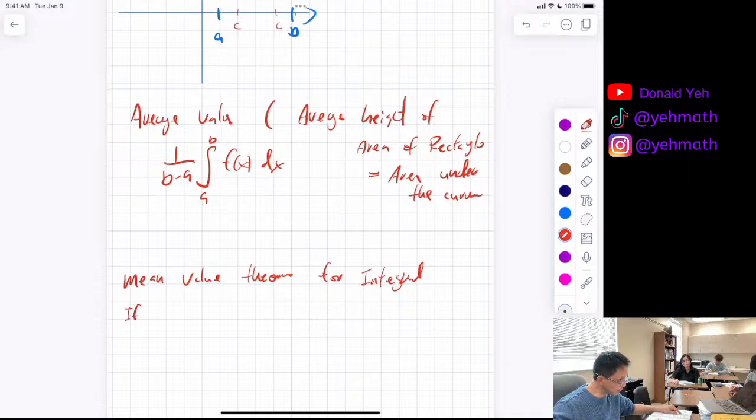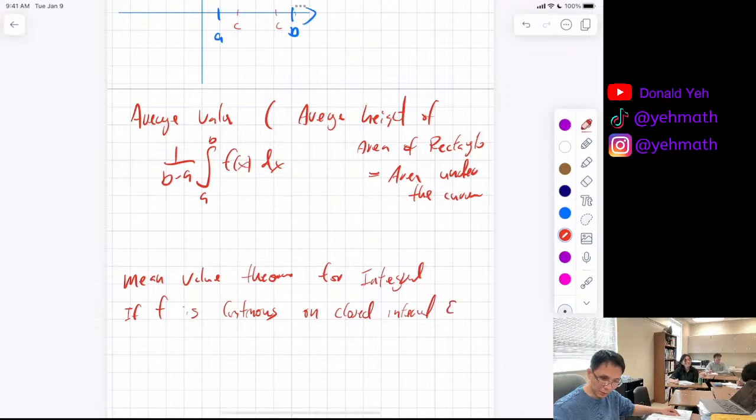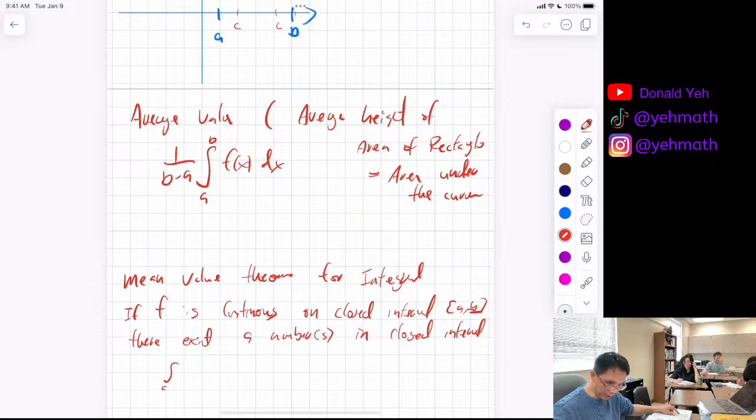They say if f is continuous, so it only has to be continuous, does not have to be differentiable, on the closed interval between a comma b, there exists a number c, could be number or numbers, in the closed interval where the integral from a to b of f of x dx is equal to f of c times b minus a.